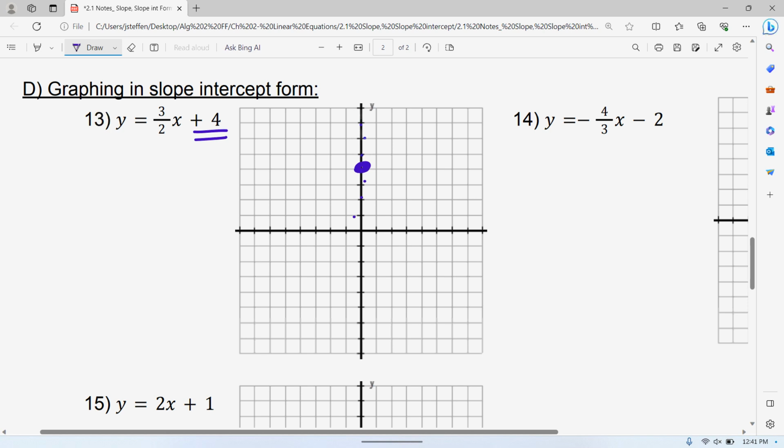I personally like to go that way and do it the other way just to make sure I remember. So, for instance, if I went up 3 to the right, then another point can go down 2 to the left.